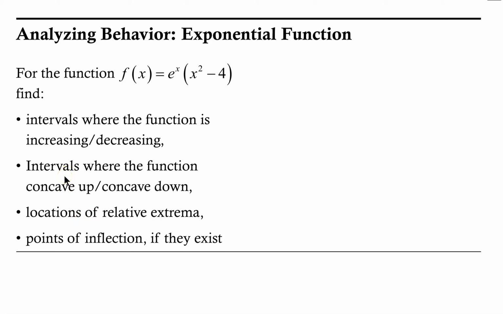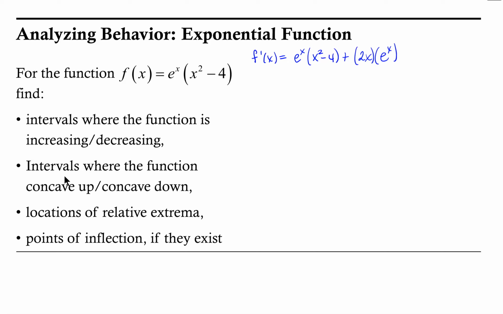To find the intervals where the function is increasing or decreasing, we need the first derivative. So f prime of x will be found using the product rule. The derivative of e to the x is e to the x. So the derivative of the first times the second factor, plus the derivative of the second factor, which is 2x, times the first factor.